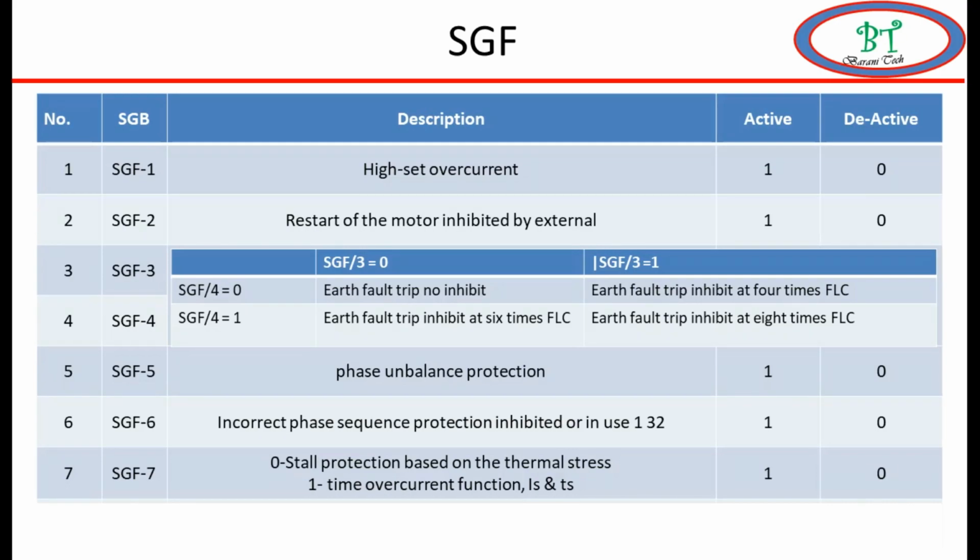If we keep 1, then the stall protection will be based on motor starting setting and motor starting time. That is IS and TS, it will follow these settings for stall also. If we configure SGF8 as 0, then the undercurrent is disabled. If we keep 1, then the undercurrent will be activated.